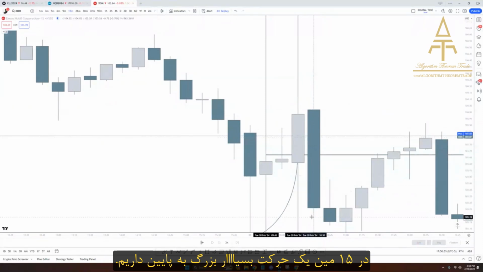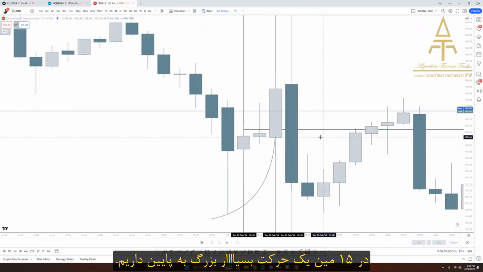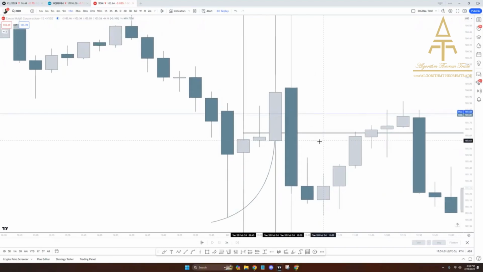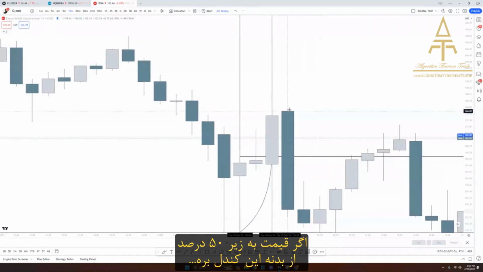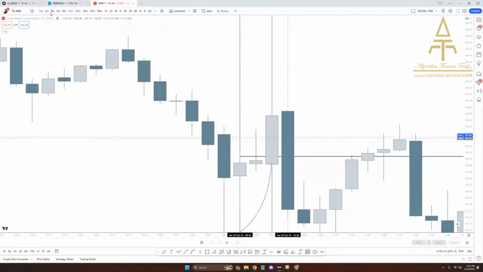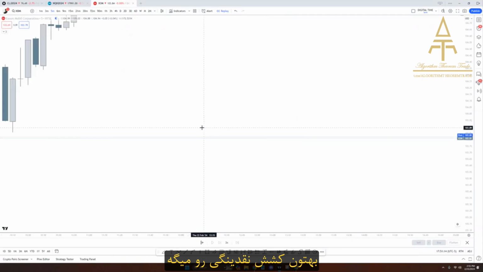Large displacement move. Within 15 minutes, the move begins and is almost over. But if price begins to go beneath the 50% area with the body of this candle, then it tells you the draw.